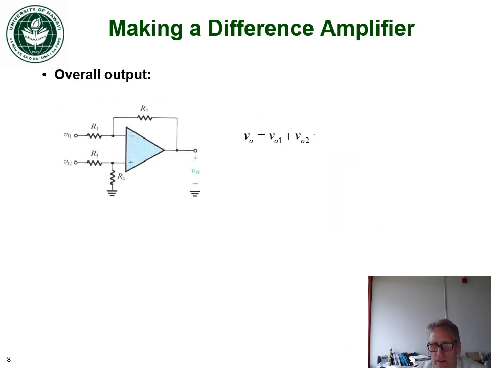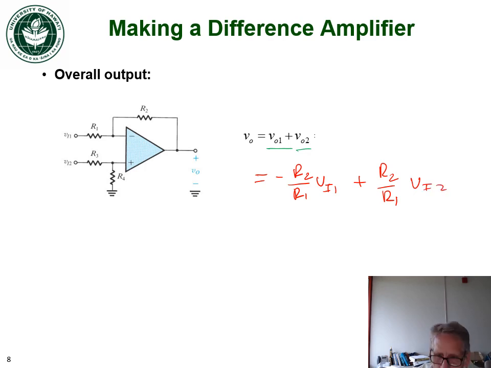So here's our final difference amplifier. V out is equal to, by superposition, V out 1 plus V out 2, which we can now write as minus R2 over R1 times VI1 plus R2 over R1 times VI2.